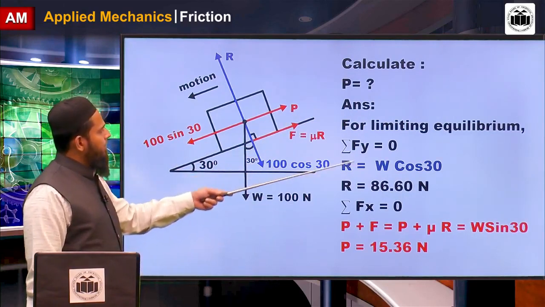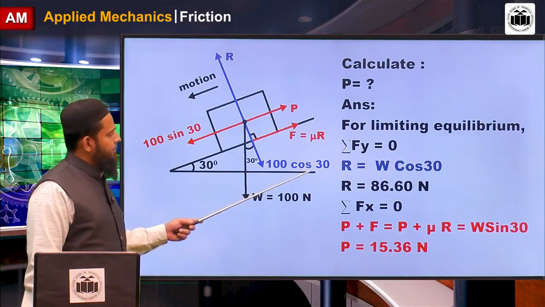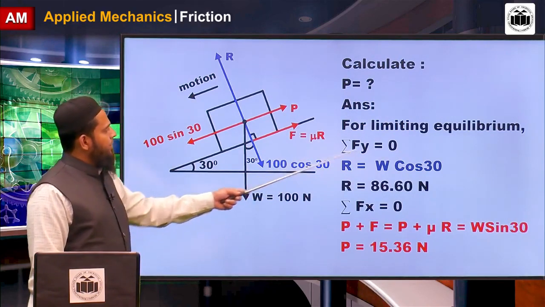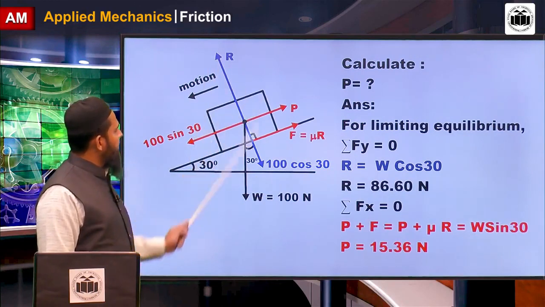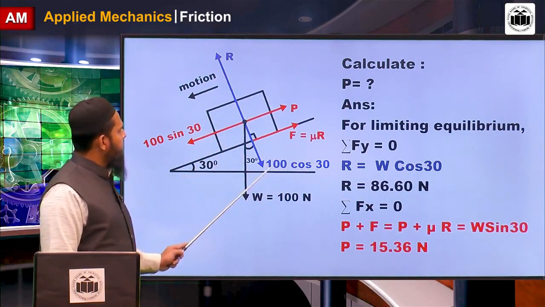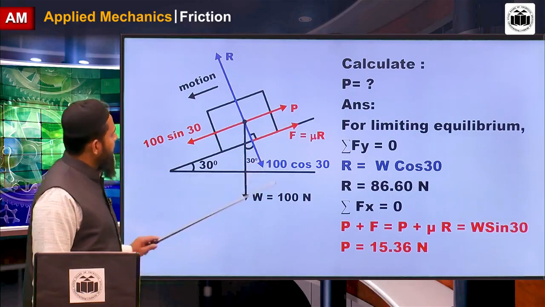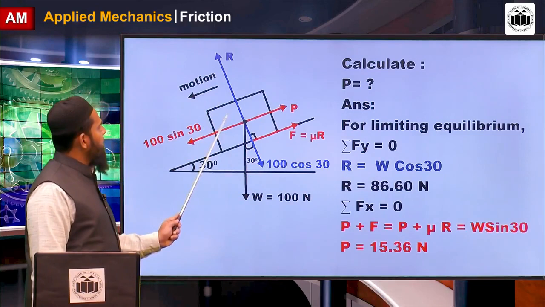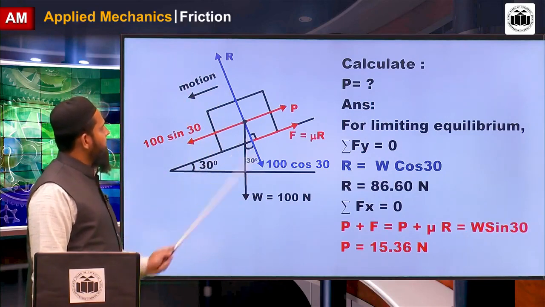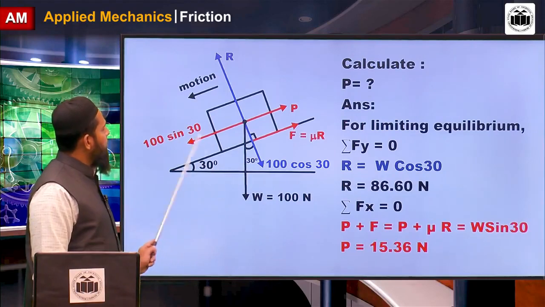For limiting equilibrium, summation Fy is equal to 0 means this R is balanced by 100 cos 30. Again, W is vertically downward and R is normal to the inclined plane. Now, W is resolved into two components.